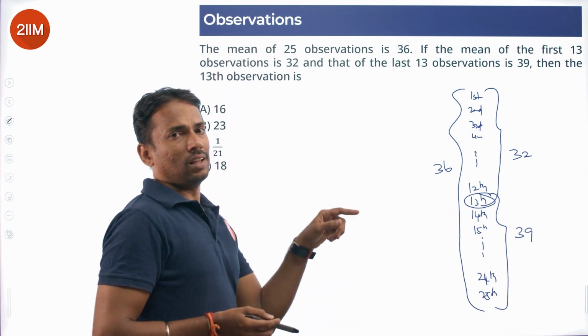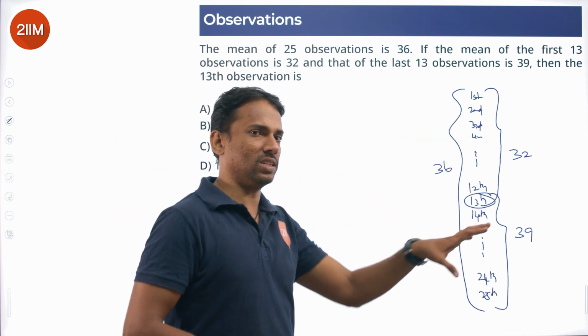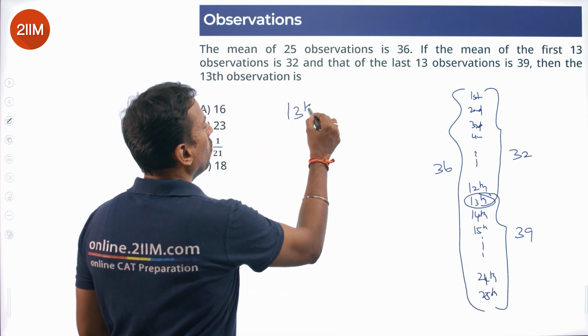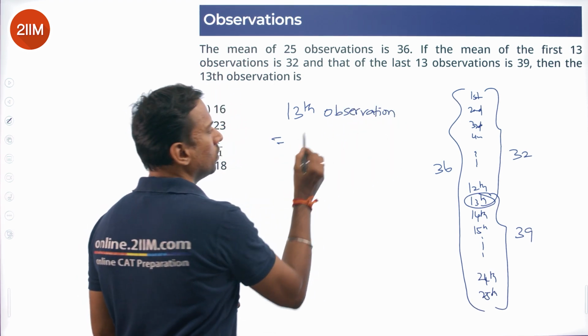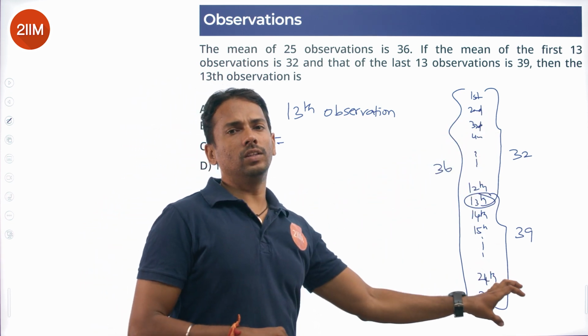If you see this, the 13th observation is getting overlapped. So it's there in the first 13 as well as the last 13. It's in the middle. So the 13th observation, how can it be obtained? You will take this total and add it with this total.